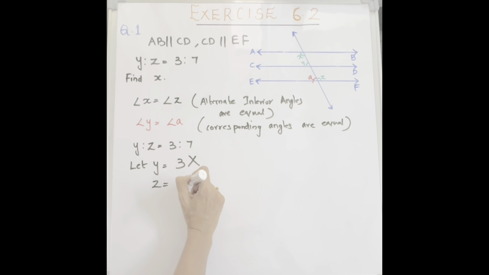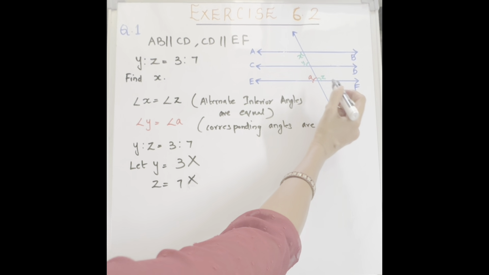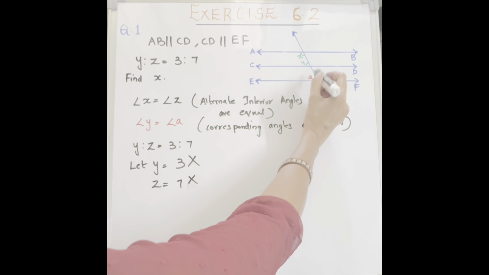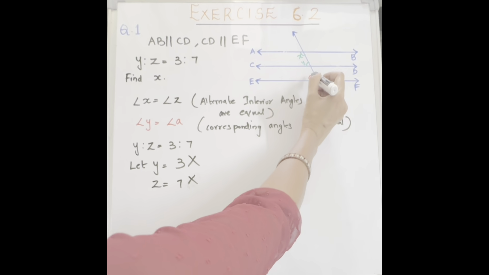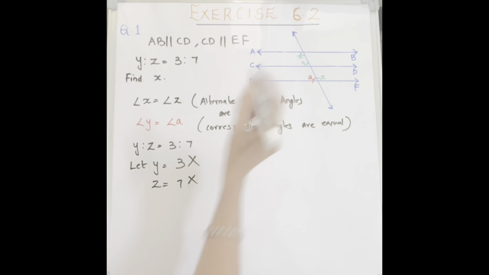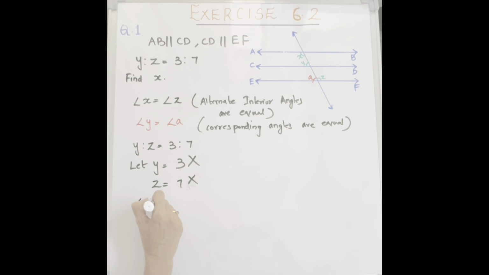And look at these angles A and Z. Now we can see that these two form a linear pair, right? Angle A and angle Z. So we can write angle A plus angle Z is equal to 180 degrees. Why? Because these are a linear pair.